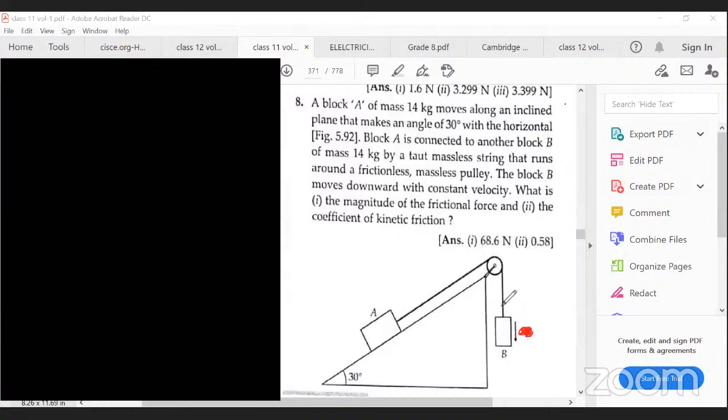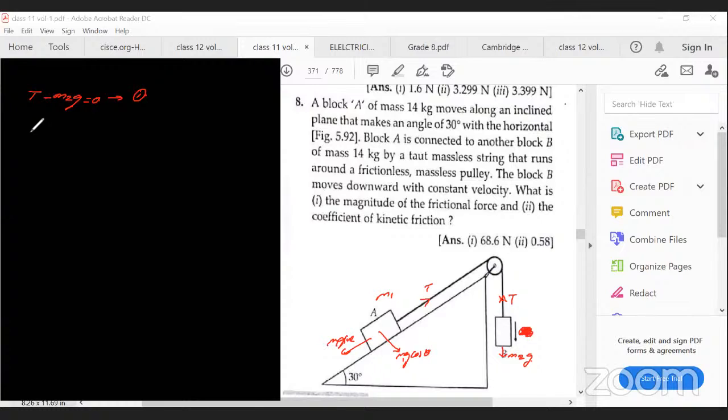So here there is a tension T and weight. I'll take this as M2g and this as M1. This is M1g sin theta, and exactly perpendicular is M1g cos theta. There is a tension T acting. So for the equations: in the first case, the tension T minus M2g is equal to 0 because acceleration is equal to 0, it is moving with constant velocity.